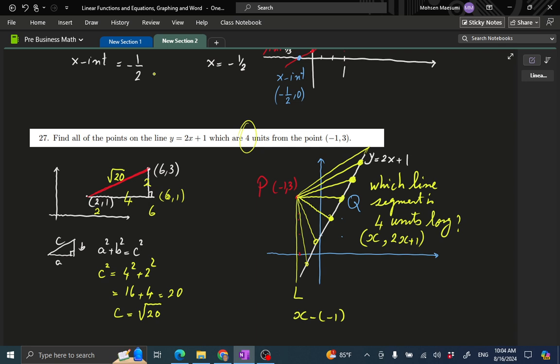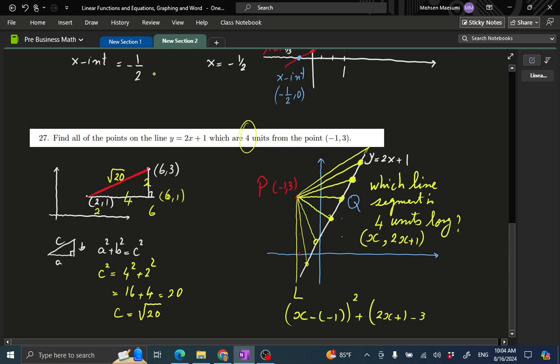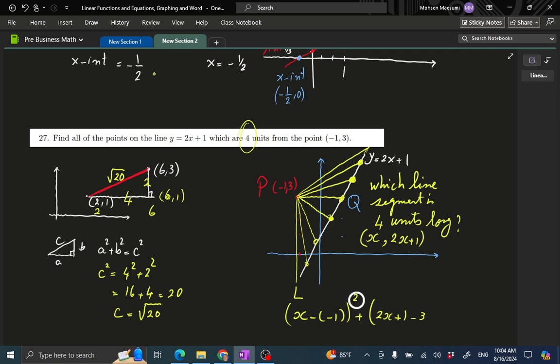That's one leg. I take that and square. Plus the second coordinate. In the second coordinate, take those and subtract them as well. So it's 2x plus 1 and then minus 3. Is that right? So I took the first coordinate, subtracted them, and I have to square. Second coordinate and the second coordinate, subtract them and then square.